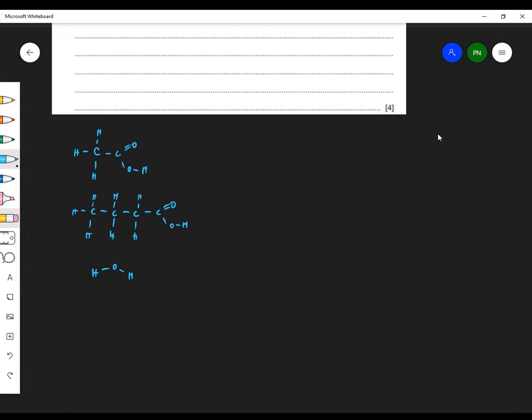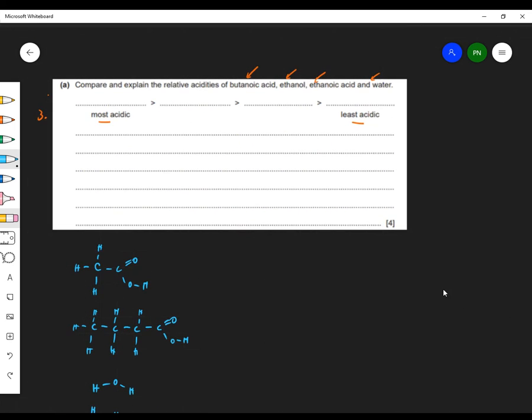All right. So this is ethanol. And we've got to explain why. Now, there's obviously 2 ways of looking at this. Before I go on, though, let me put these in because it's annoying me.